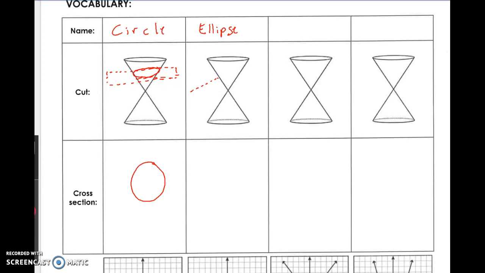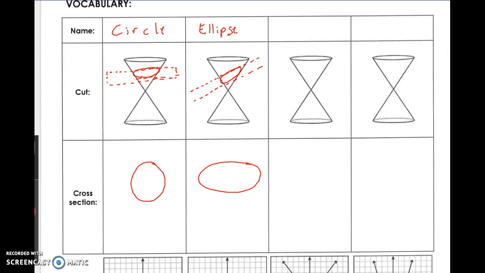So here's my plane coming through, and the cross section that you get will look more like that. The shape of it will look more like this. It'll either be longer than it's wide or wider than it's long, one way or the other.